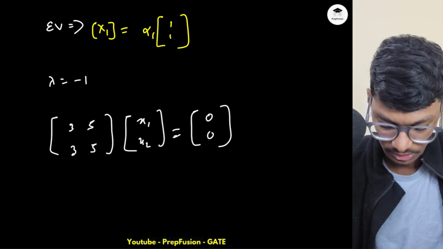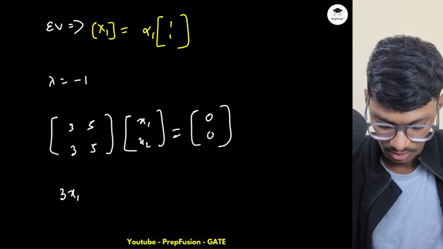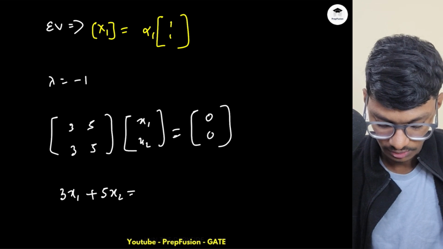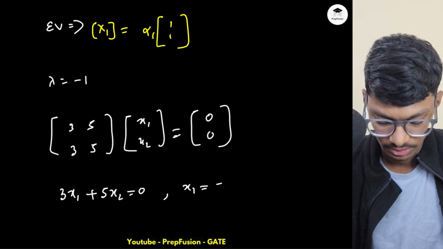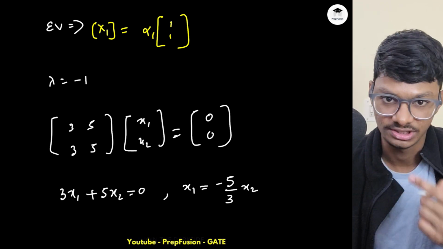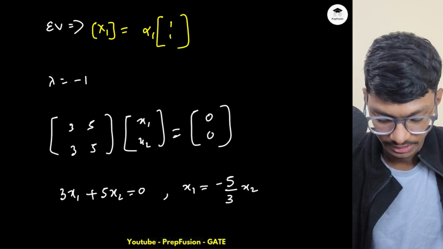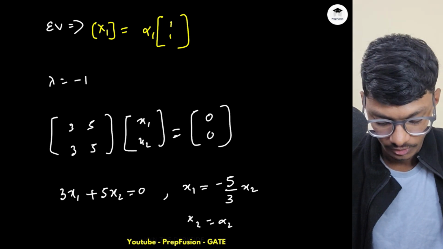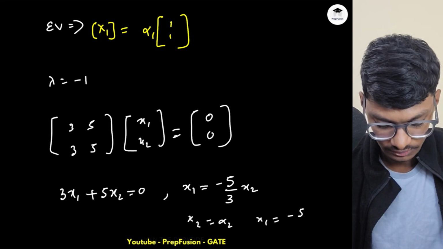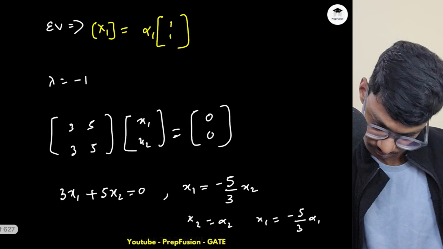So this becomes 3x1 plus 5x2 equals 0. So x1 equals -5/3 x2. There will be one free variable, since nullity is 1, so I can choose x2 as alpha 2.